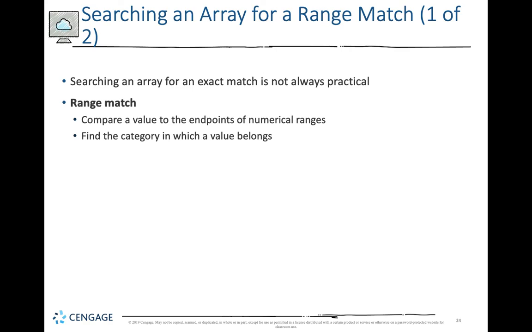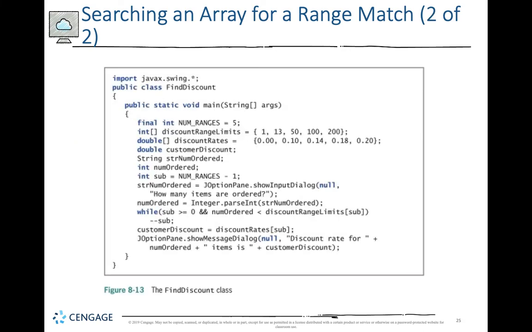All right, so what about range searches? Comparing a value to the endpoints of numerical ranges. Find the category in which a value belongs. All right, so let's take a look at this example here. So in our public static void main method, final int num ranges equals 5.